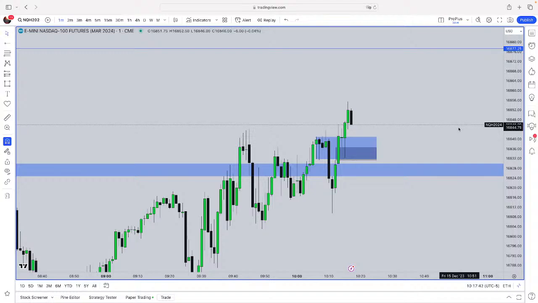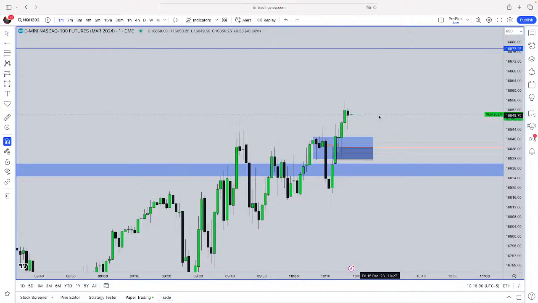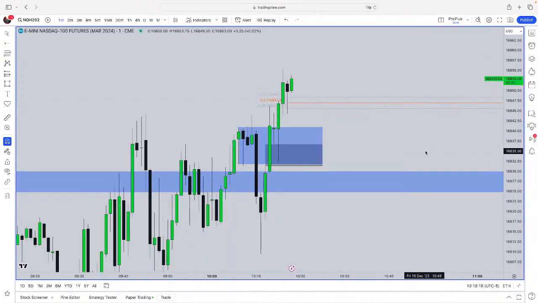There's no inefficiencies or anything like that. The price is just painting. That's what it does. This is what you should be doing. This should be the boring bit, just watching price. I'll take a look at the consequent encroachment of this wick here, and I wouldn't really want to see price close below that. That would mean it's really bullish, and it would just run potentially even further than you think. And let's just see again this candle wick here. Let's see if price respects this one.